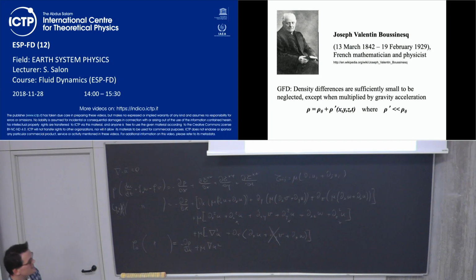Okay? Exactly the same we have with the v component, so the y component of the momentum. So we will have rho 0 dv dt plus fu, which will be equal to minus dp dy plus mu Laplacian of v.